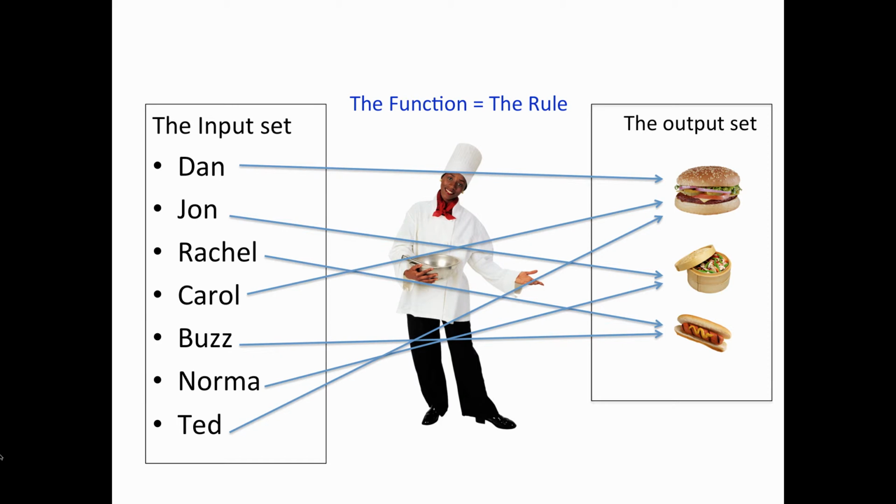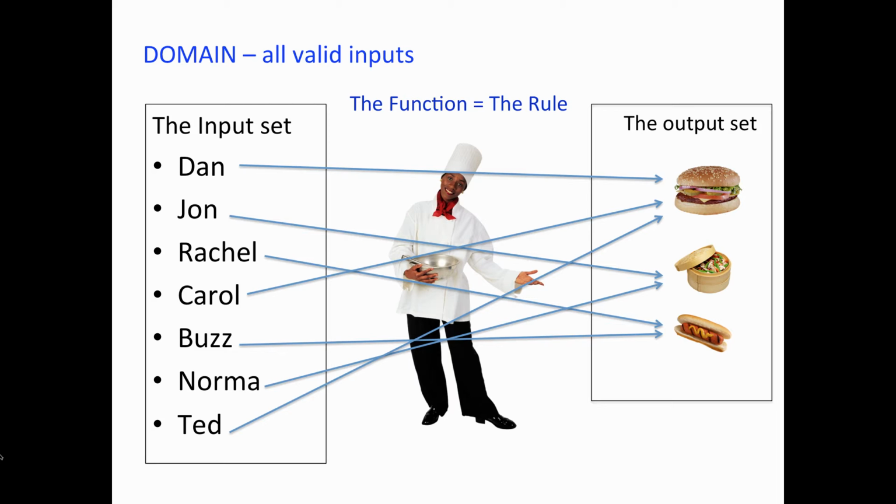And what you see before you is what's called a mapping diagram, because it shows exactly how the input set is mapped to the output set. Now in this example, the input set, as it is in every function, is called the domain. And the domain is the set of all valid inputs.